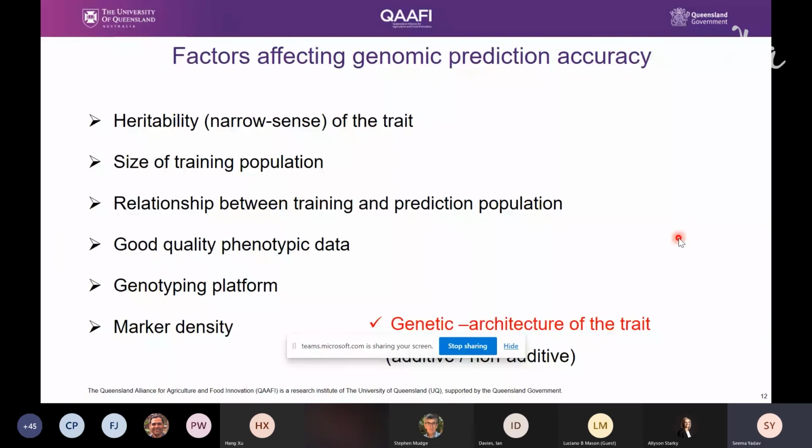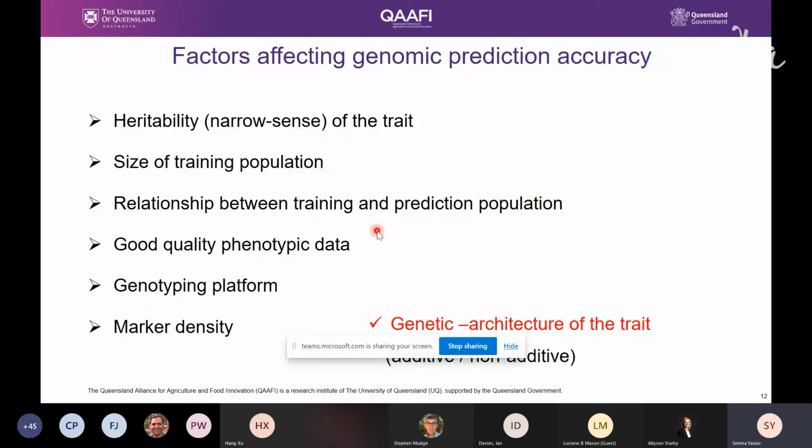But genomic selection depends on several factors affecting prediction accuracy. First is the heritability of the trait; for high heritability traits we can get higher accuracy. The training population size should be big enough so we can estimate all the marker effects.